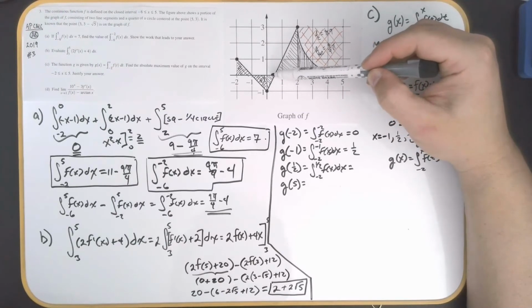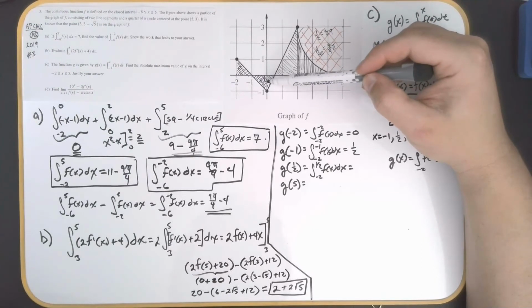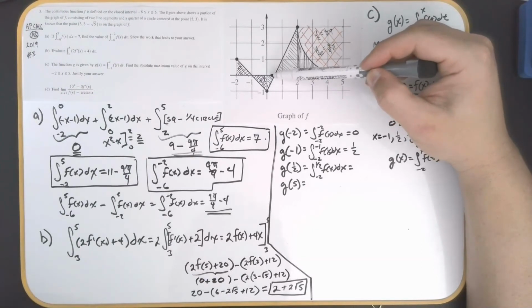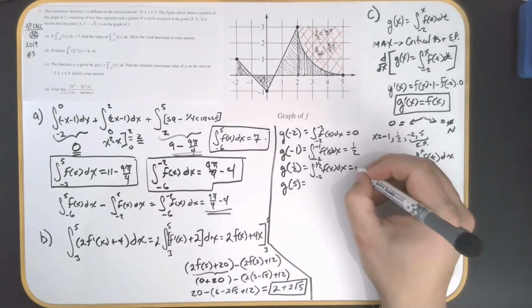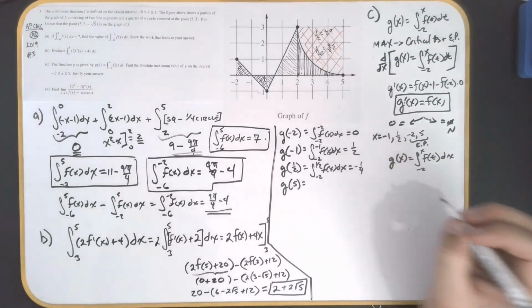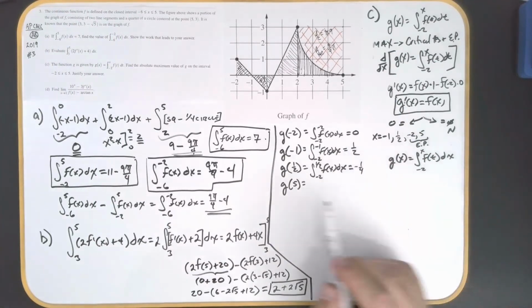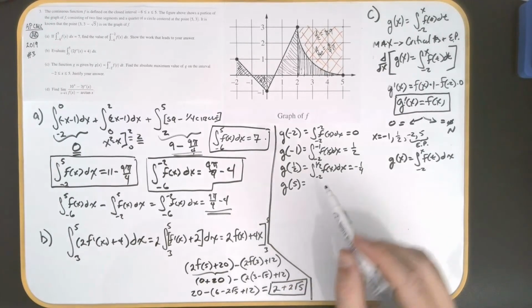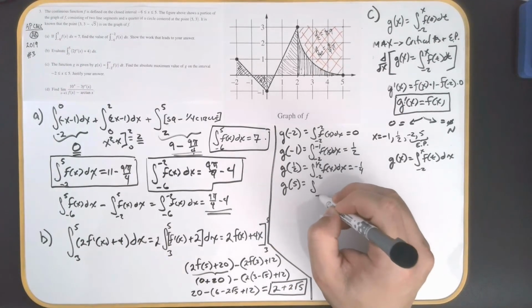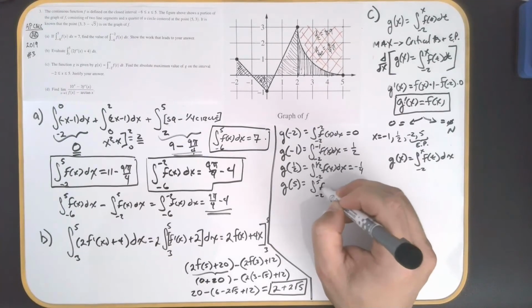This is 1/2. 1/2 times 1 is 1/2, and divided by 2 is 1/4. And it's below the x-axis, so it's negative 1/4. Make sure you get that one. And then g of 5, it seems like we did this already. I think we did g of 5, didn't we? Where we had to integrate from negative 2 to 5 of this thing.